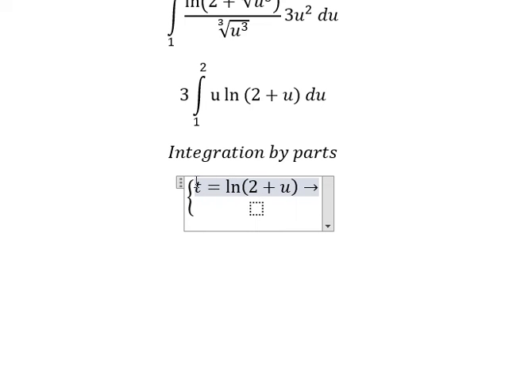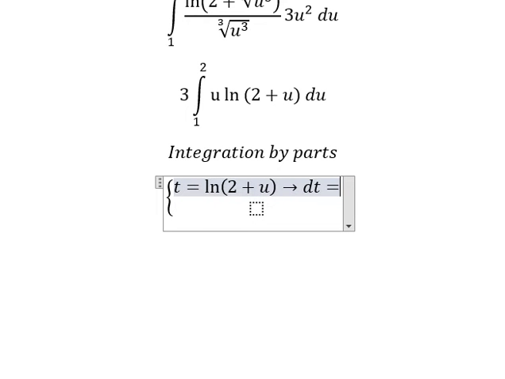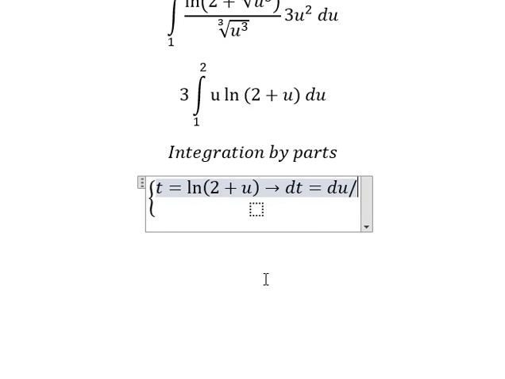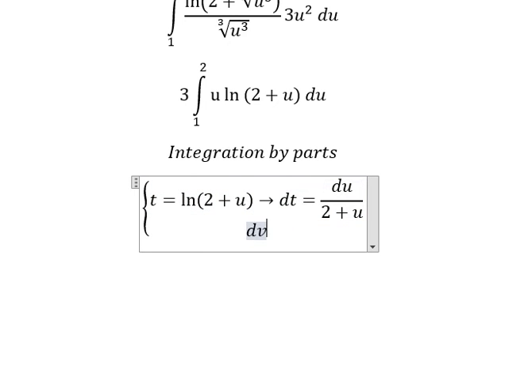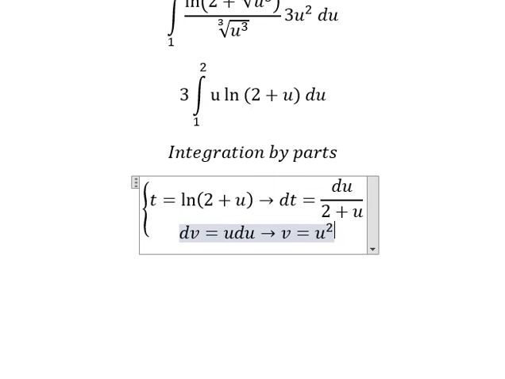If we do first the derivative for both sides, you got dt equals du over 2 plus u. dv, you got u du. The integration of this one, you got v equals u squared over 2.